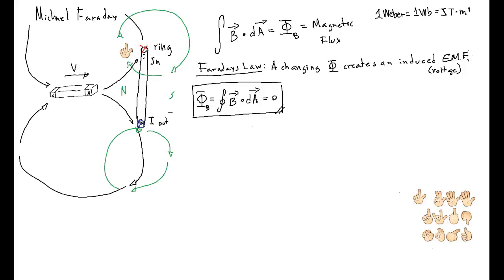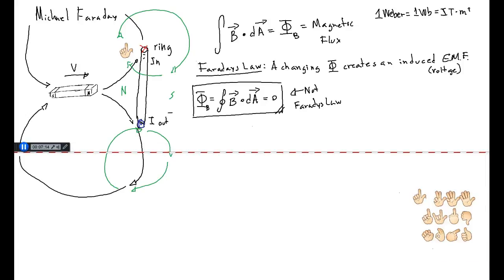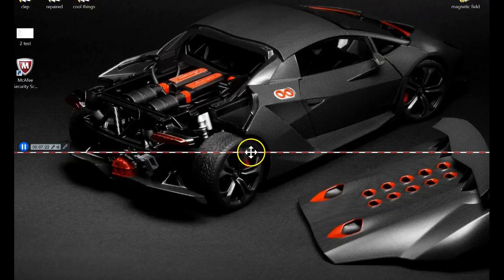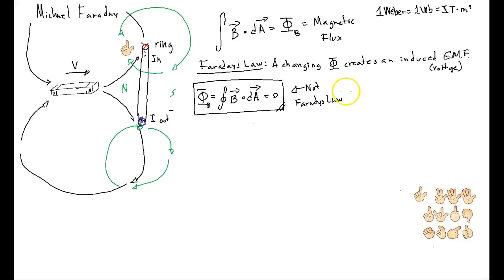That's not Gauss's law, that's not Faraday's law. This is Faraday's law. What this says is that a changing magnetic flux, one that changes with time, necessarily creates a circulating electric field.